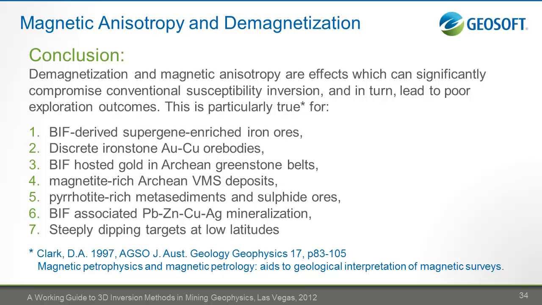You can see the list here. So we definitely need to work toward using a magnetization vector inversion to overcome these effects.